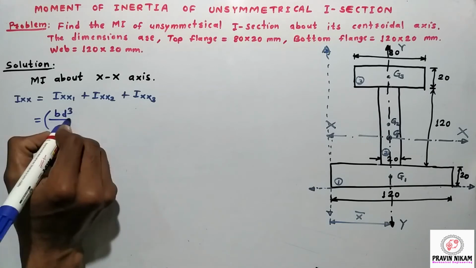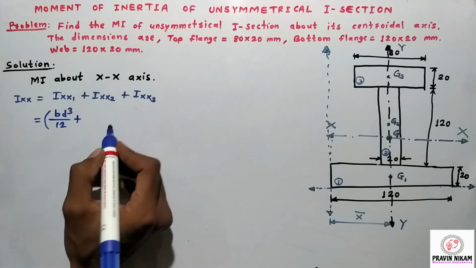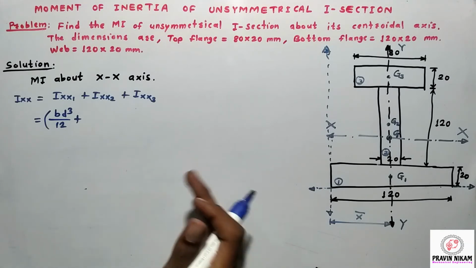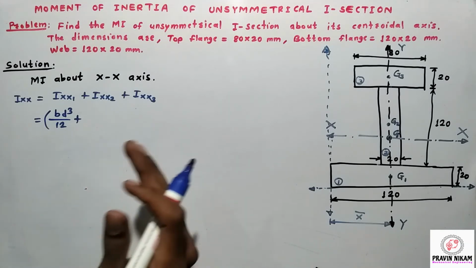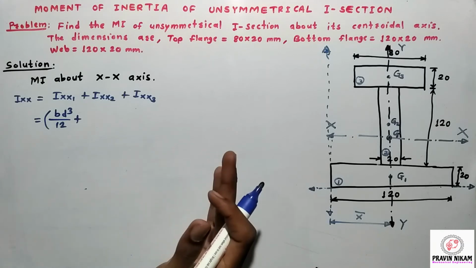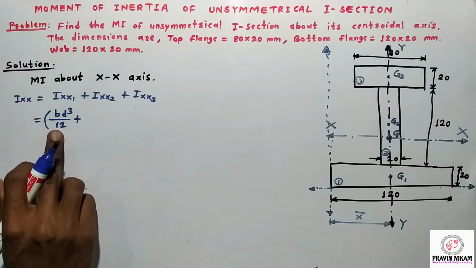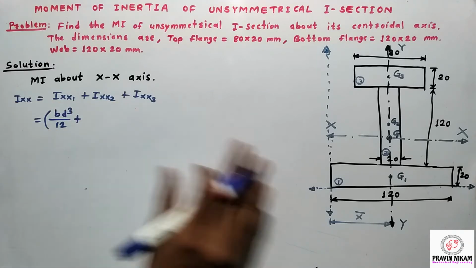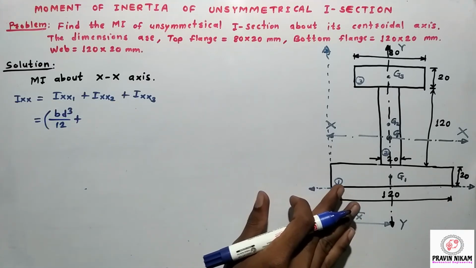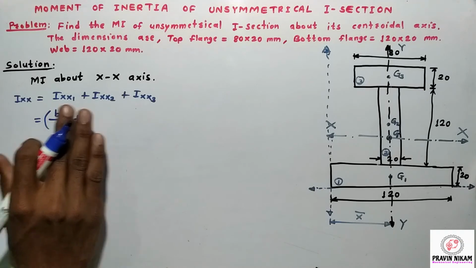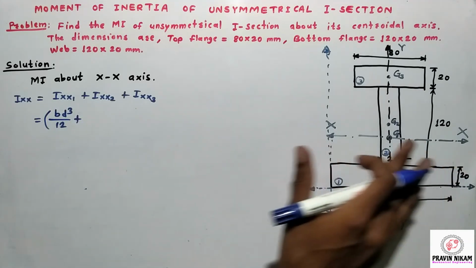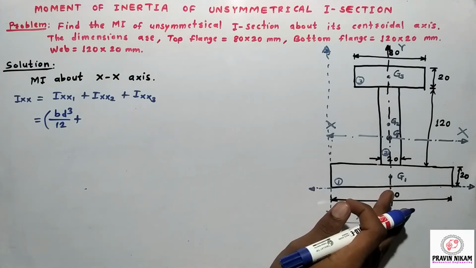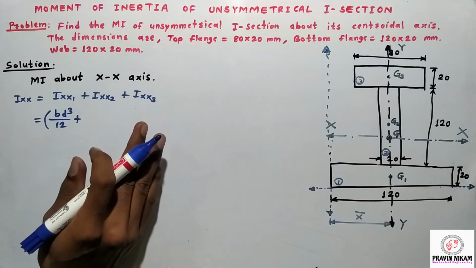BD cube divided by 12, plus, by the parallel axis theorem, Ig plus AH square. So this is Ig. At the time of finding the moment of inertia about the x-axis, we use Ixx as the centroidal moment of inertia.